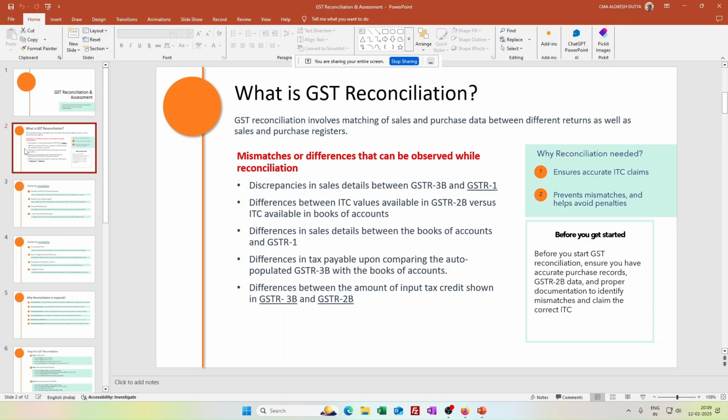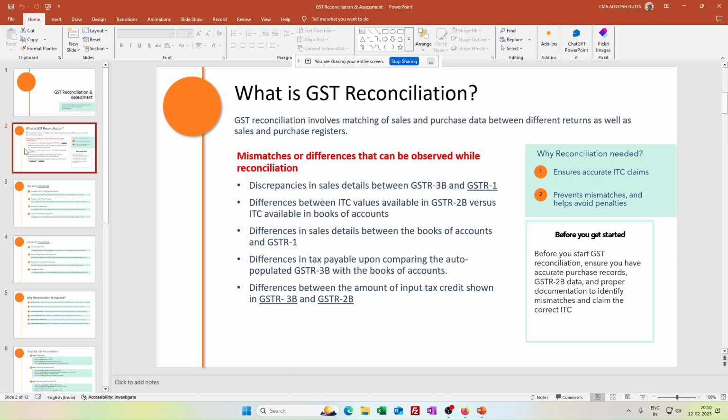Why is reconciliation needed? जरूरत क्या है इसका? It ensures accurate ITC claim. The availability of ITC and the claiming of ITC, these two are different things. You may see different figures in availability and claiming.